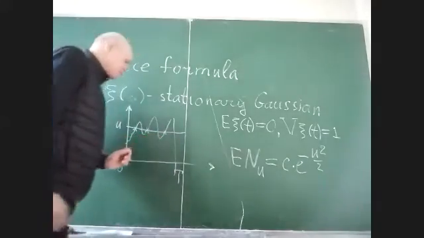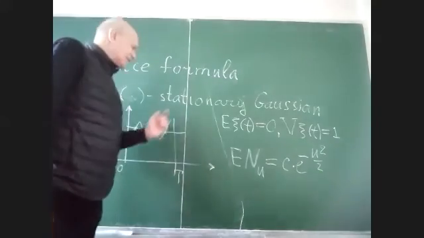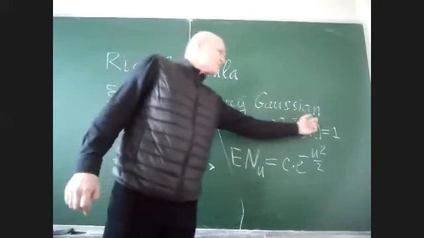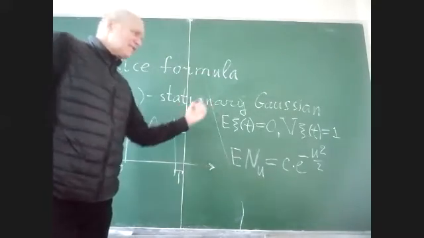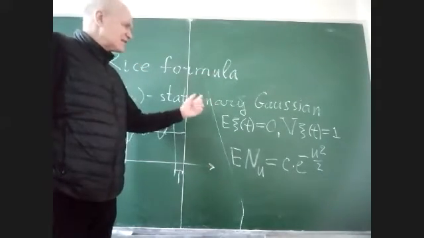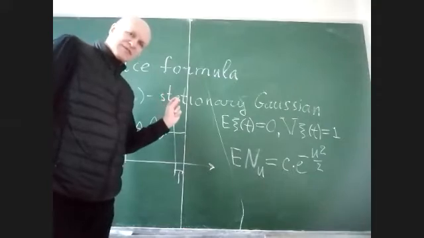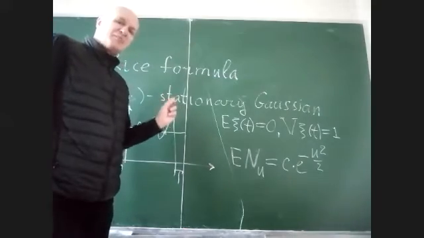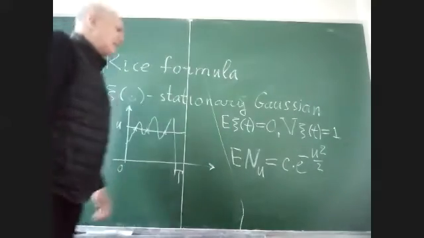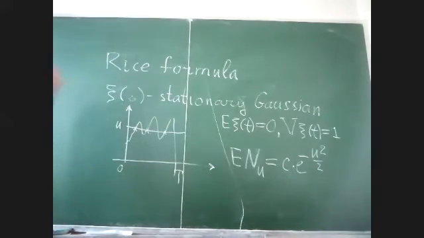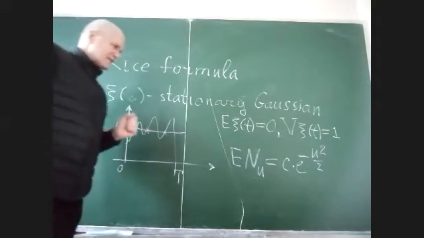It must be noted that in the case of a Gaussian stationary process, its derivative and the process at the same moment of time are independent. So the formula begins to look like this. And for us, what is important?